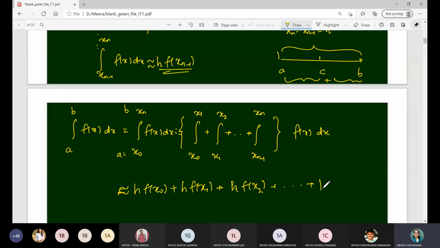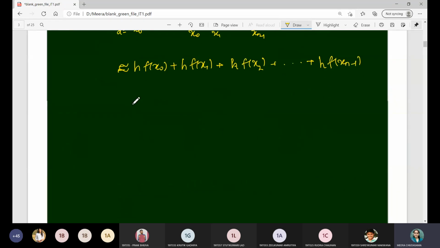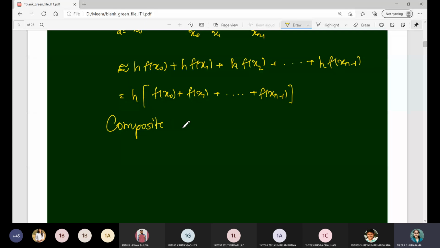So this is nothing but h, we can take common, f of x0 plus f of x1 plus up to plus f of xn minus 1, and that is called the composite rectangle rule.